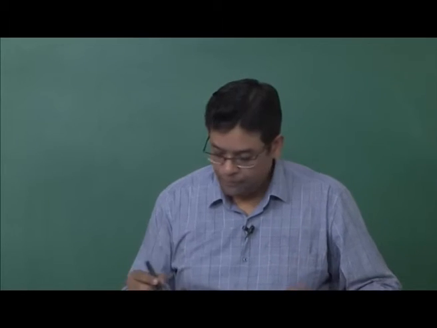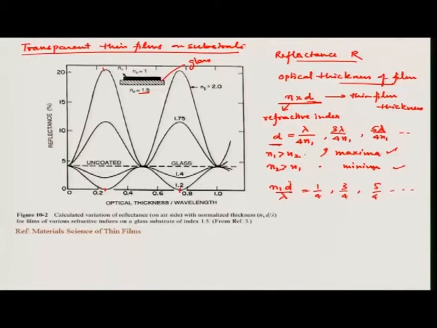Again, this can be done in two ways because lambda is involved. Either you can use a method called VAMFO, which is variable angle monochromatic fringe observation.